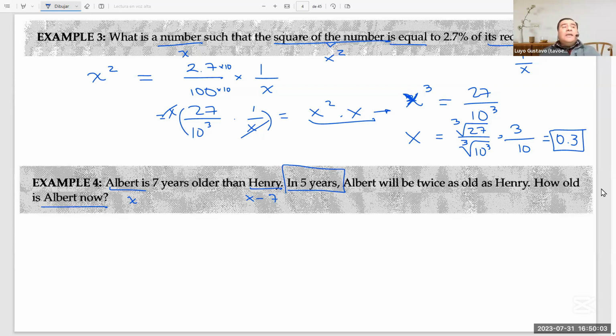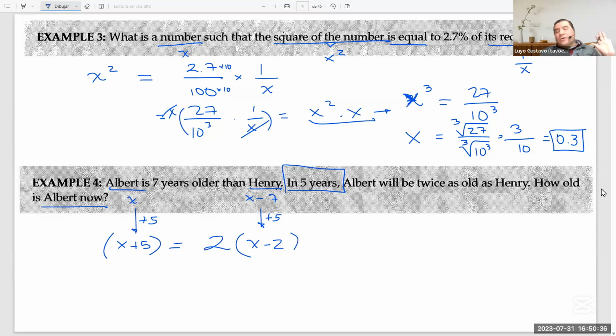So what will be Albert's age in 5 years? Actually, it would be x plus 5, okay? And Henry's age in 5 years would be x minus 2. And within 5 years, the relationship between the two ages would be like this one here: Albert's will be double or twice Henry's.